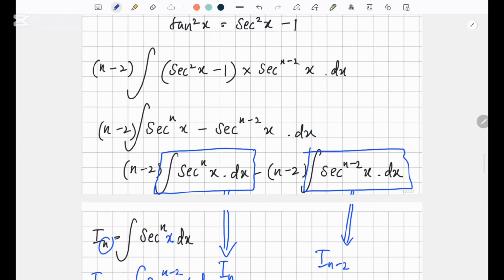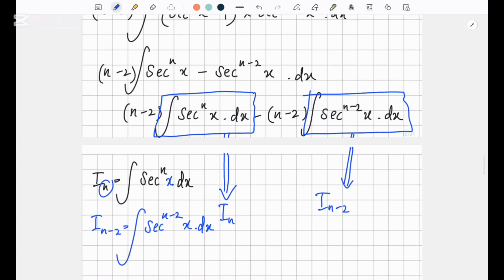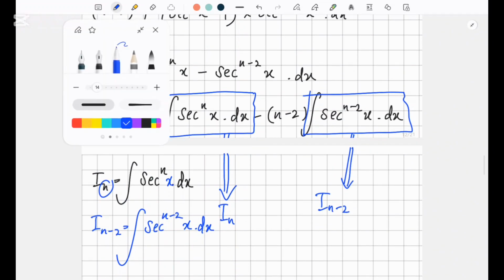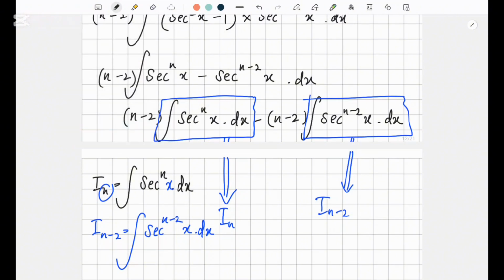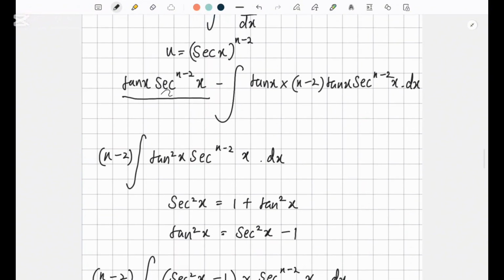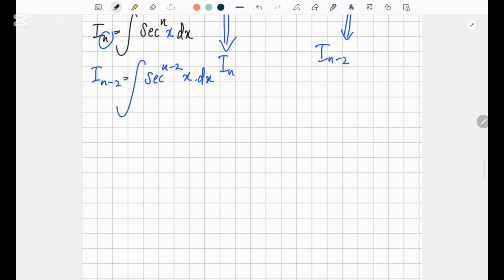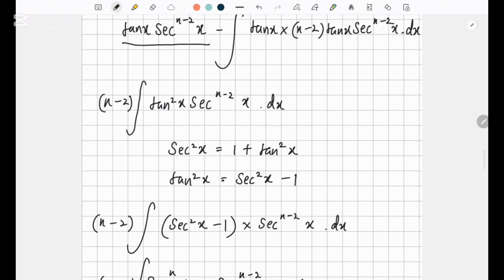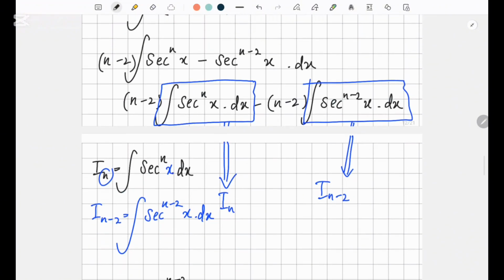So now, before writing anything else, let's combine our final answer with what we had previously, because we didn't write this part down, right? So our final answer would be tan x into sec x to the power n minus 2, and there was a minus, remember that?